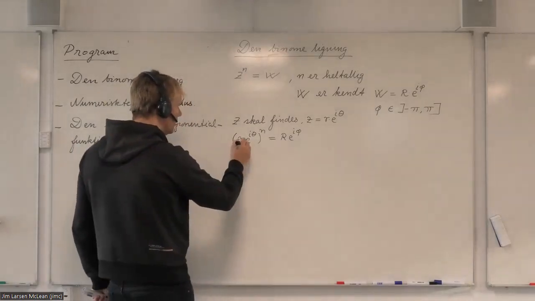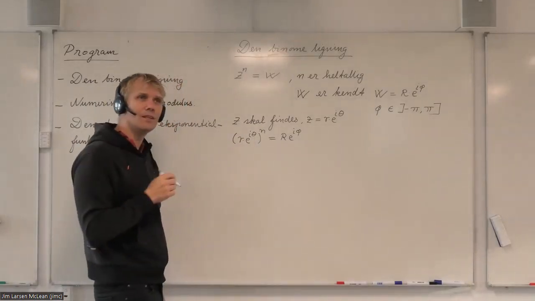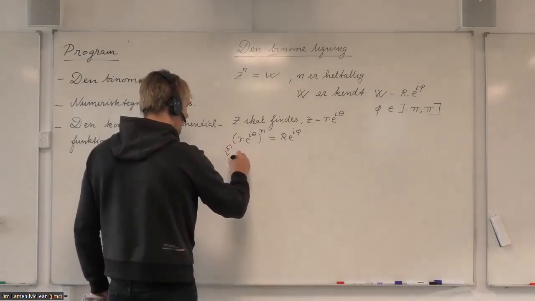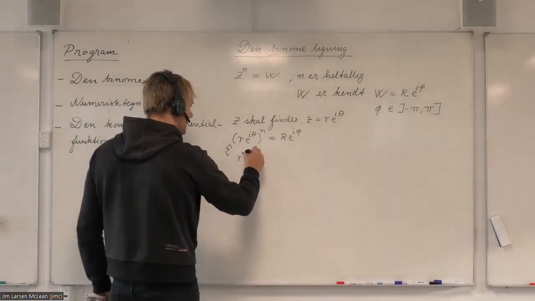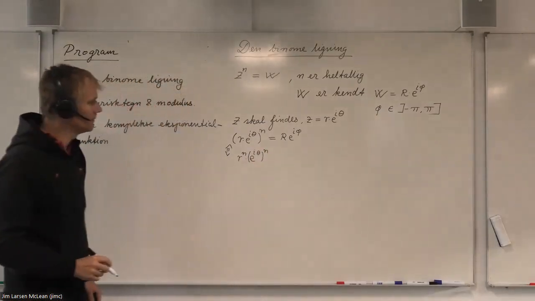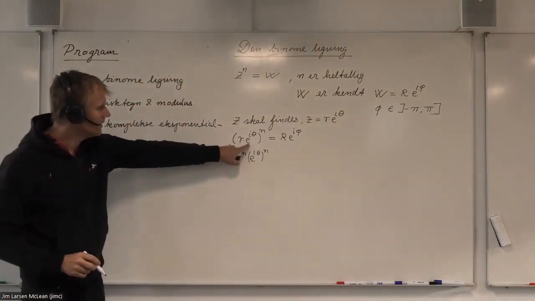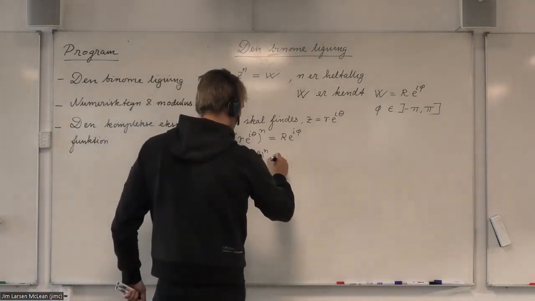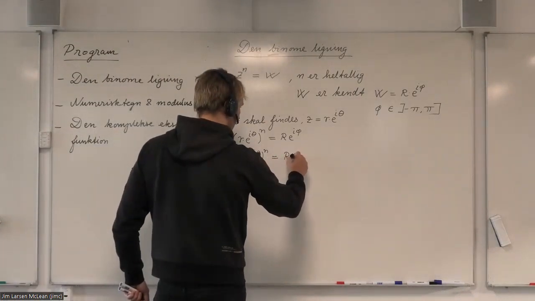Then we use the fact that a product raised to a power is each factor to that power. So we can rewrite this as r raised to the power n times Euler's number raised to the power i theta times n. I have just raised each factor to the nth power to get this result. And on the right side, I haven't done anything, so I can just copy down what was written before.